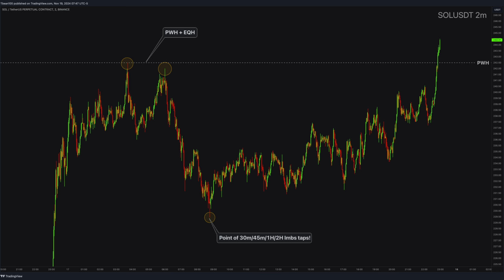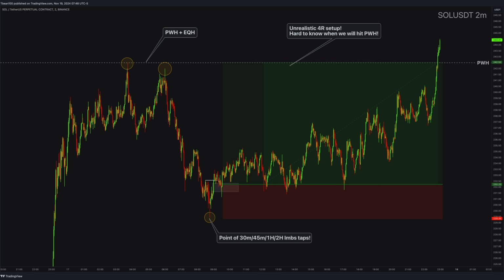Now we have a combination of the previous week high and the equal highs together. Much more reason to go up. Right around our entry imbalances, as you can see, structure breaks and creates our entry imbalance. And it gives you this magnificent almost 4-hour setup.